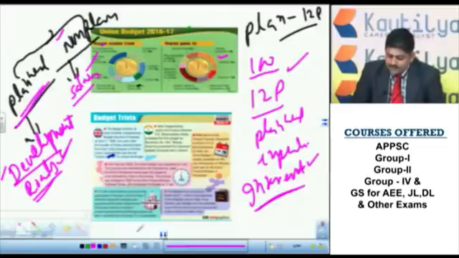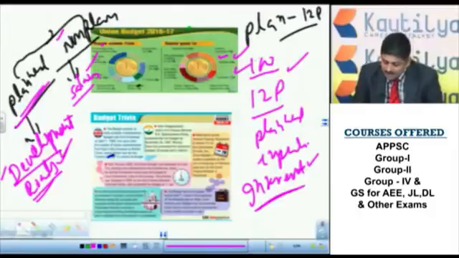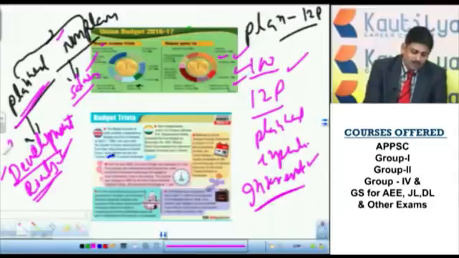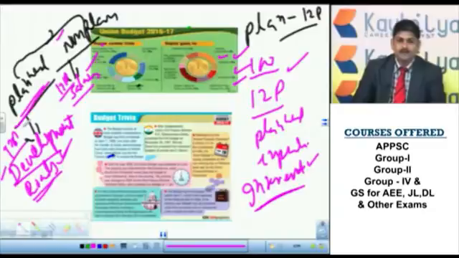For example, if you see here, for defense, the government of India spends 10%, for subsidies again 10%, other non-planned expenditure 12%. That means planned and non-planned, both are the same this time. However, this may not be an important question as far as planned and non-planned is concerned, because Finance Minister Arun Jaitley in the 2016-17 budget proposed that very soon the government of India is going to give up this planned and non-planned concept.